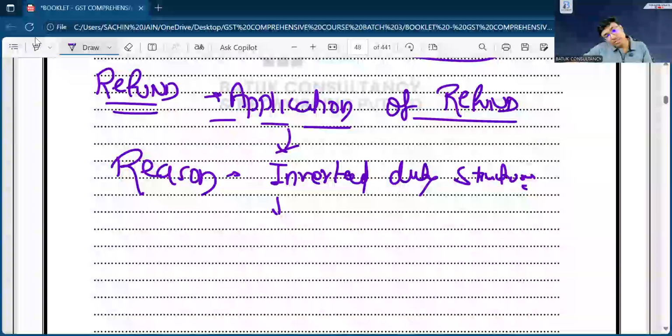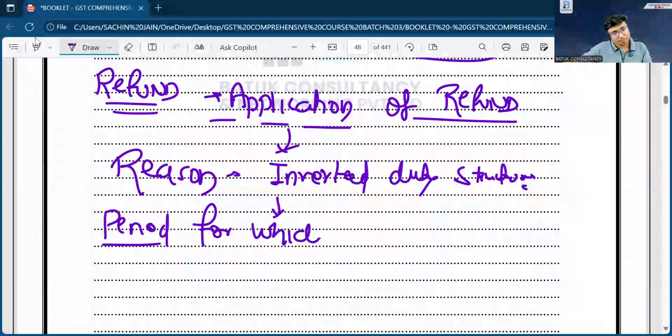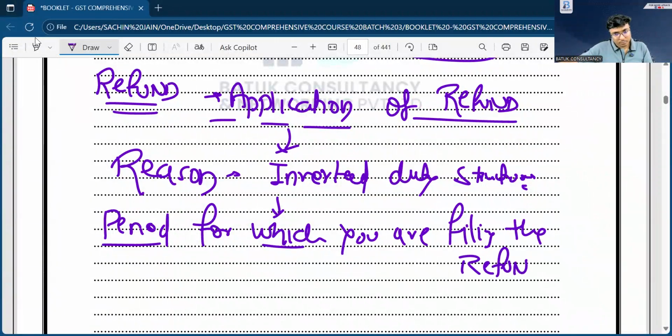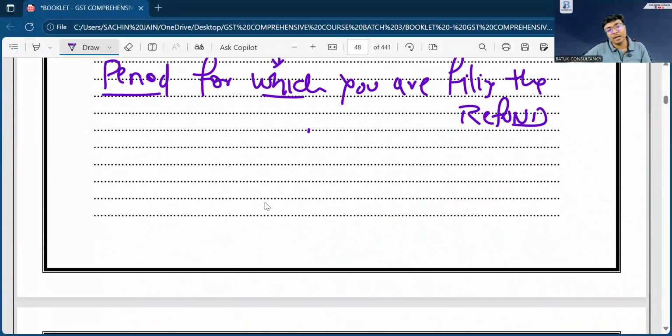Then after, you have to select the period for which you are filing the refund application. You have selected the period, then your next slide will be there.